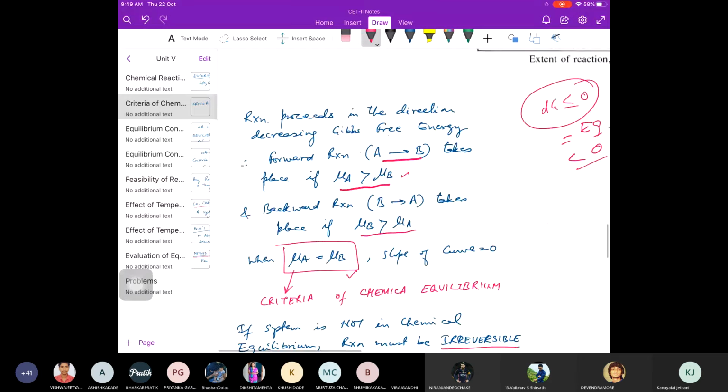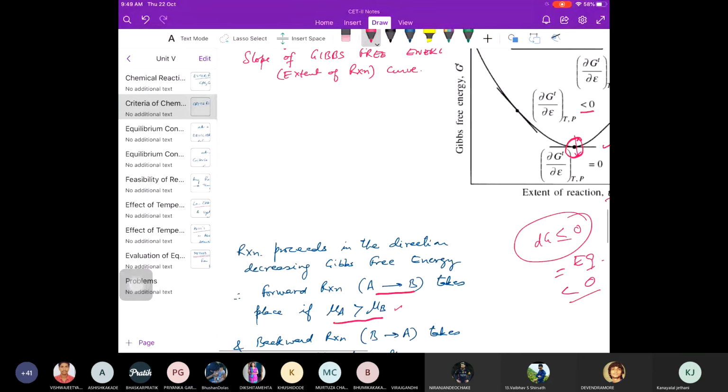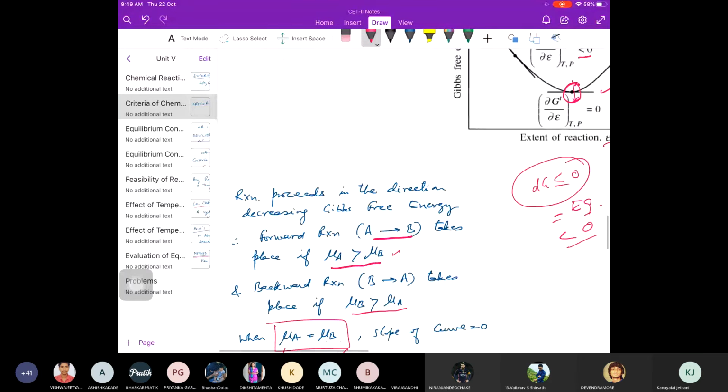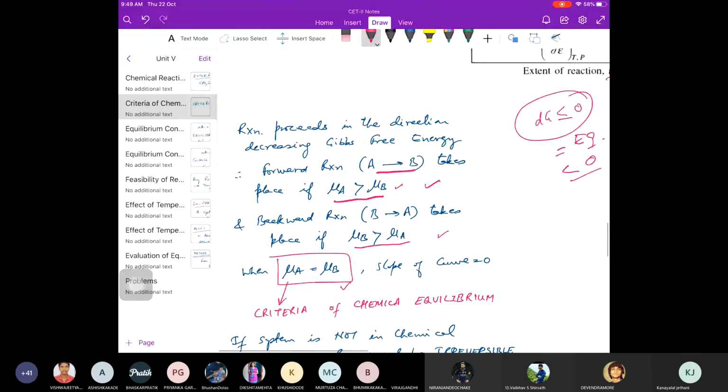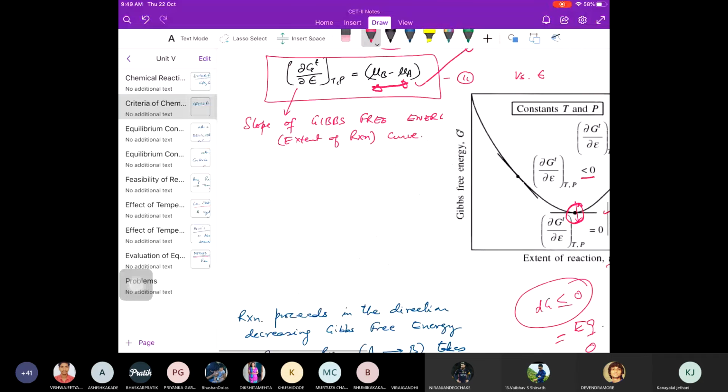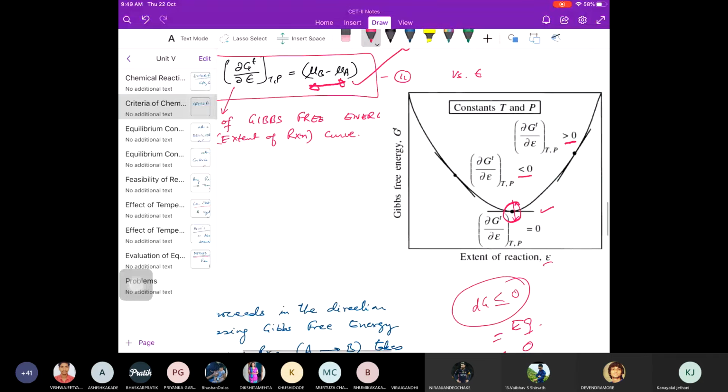Any questions on this? So equilibrium में mu A equal to mu B रहेगा, right? And if mu A is greater than mu B, then forward reaction will take place. And if mu B is greater than mu A, the reverse reaction will take place. In this condition, it is forward reaction.